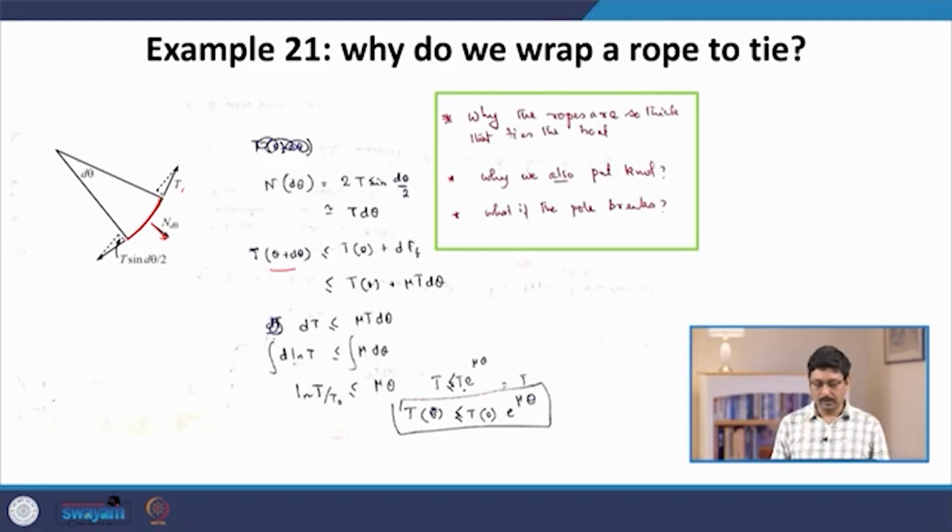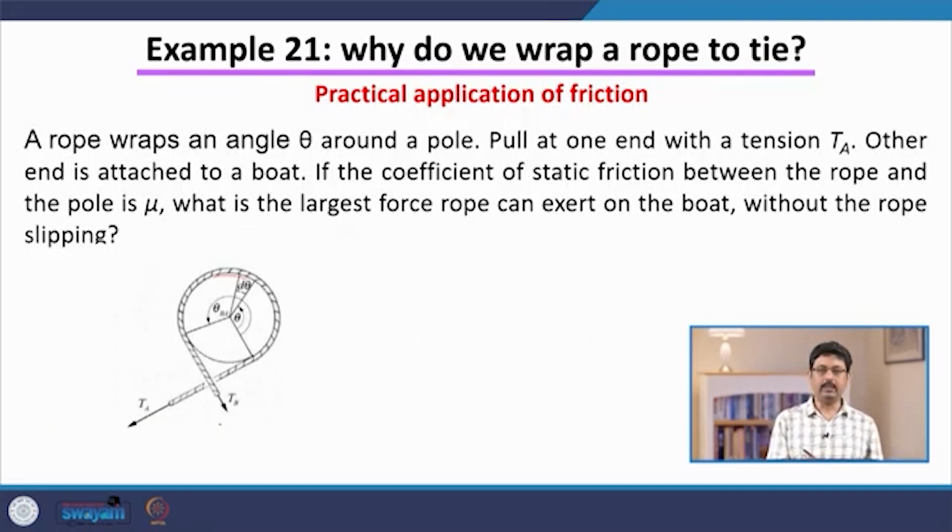The important point is that it depends on angle theta, which is kind of intuitively obvious. The more length of the rope is in contact with the pole, the more frictional force. So, you can intuitively expect that it will be harder to pull at one end. The friction will try to prevent the rope from slipping, and that is the whole point of why we tie the rope around this pole, to increase the length of contact of the rope with the pole.